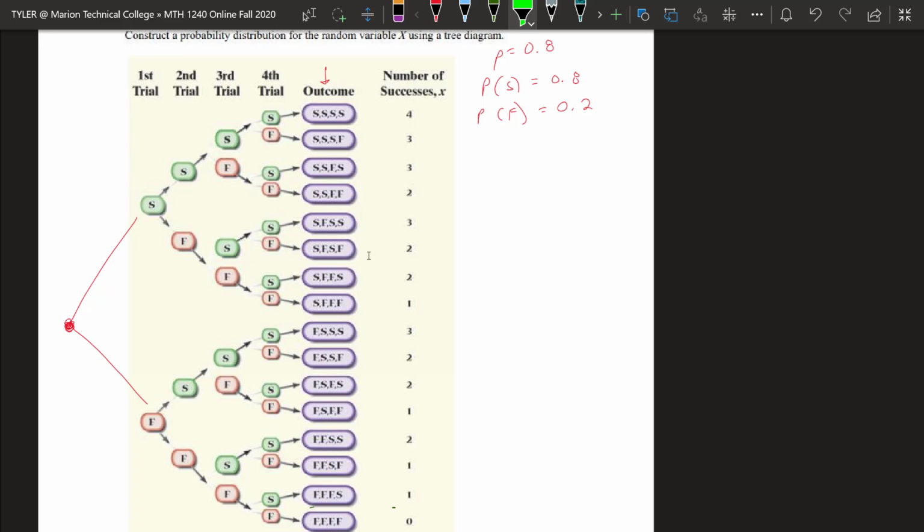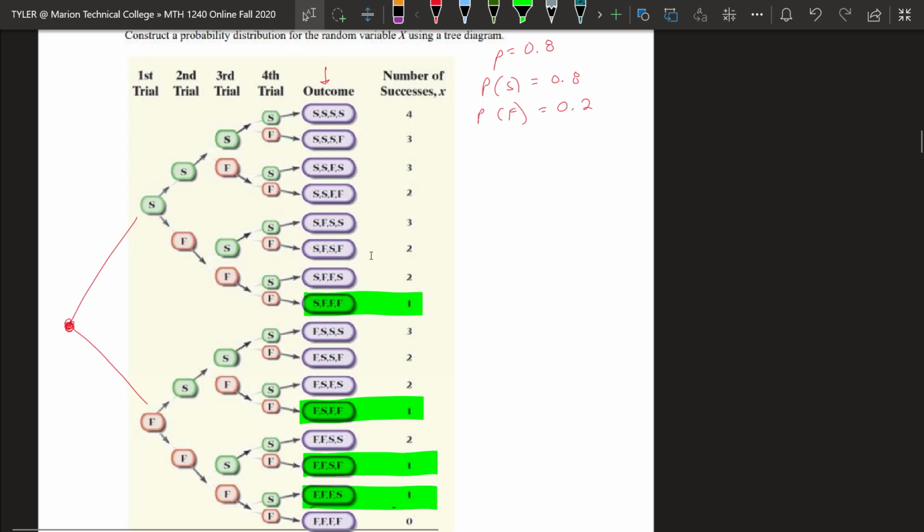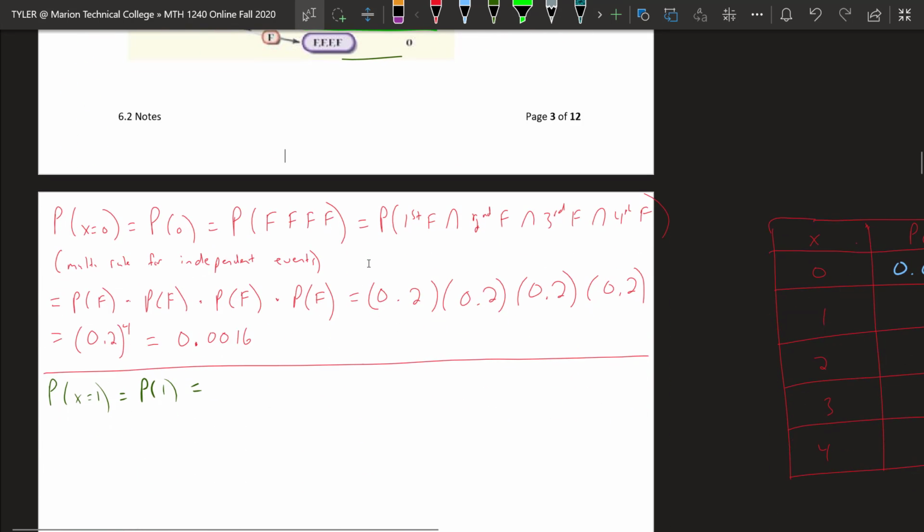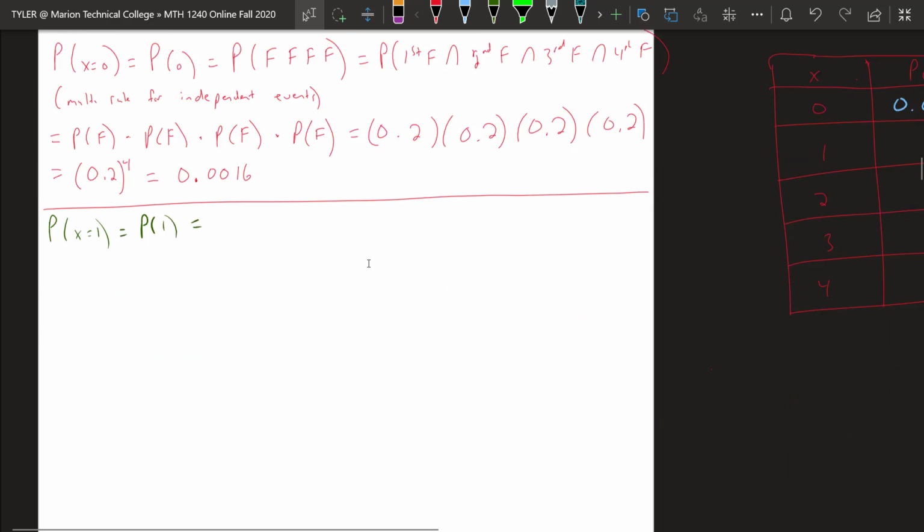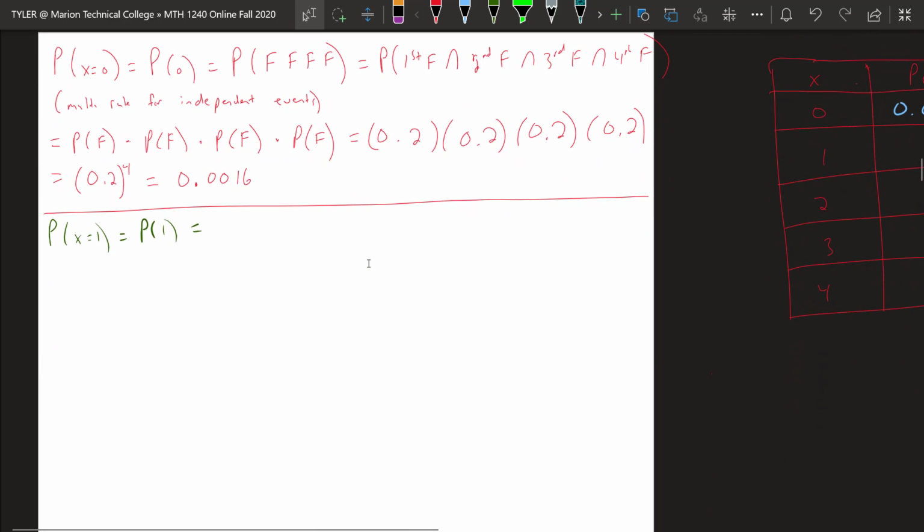So that could be this one, this one, this one, or this one. There are four options. So this would be equal to the probability.